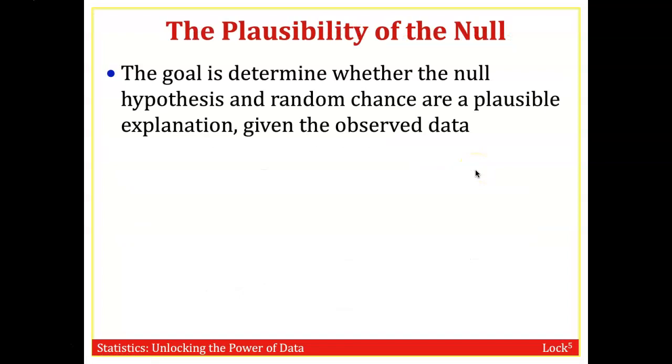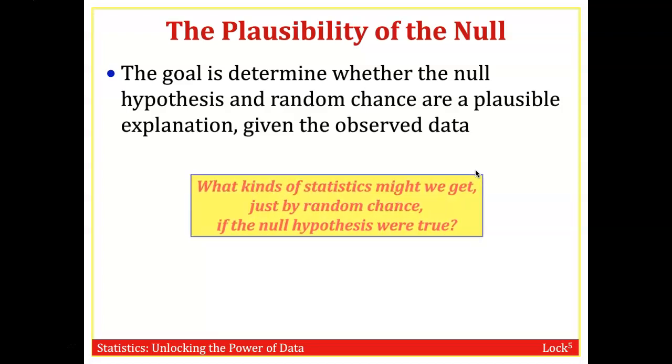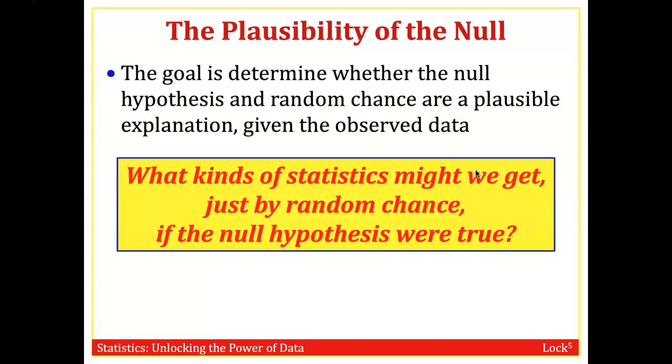So we're looking to assess the plausibility of the null hypothesis. The goal in a hypothesis test is to determine whether the null hypothesis along with random chance are a plausible explanation given the observed data. So we want to think about what kinds of statistics we might get just by random chance if the null hypothesis were true.